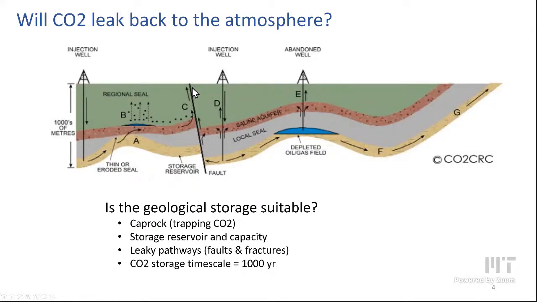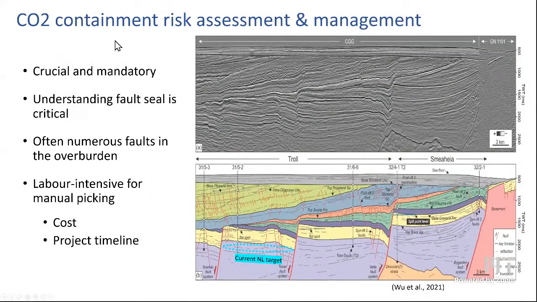That's why it's really important for us to understand the potential leakage pathways in the storage reservoir, because any leakage would cause the CCS project to fail, especially since we want to keep CO2 there for a long time, 1,000 years. So CO2 containment risk assessment is crucial and mandatory.